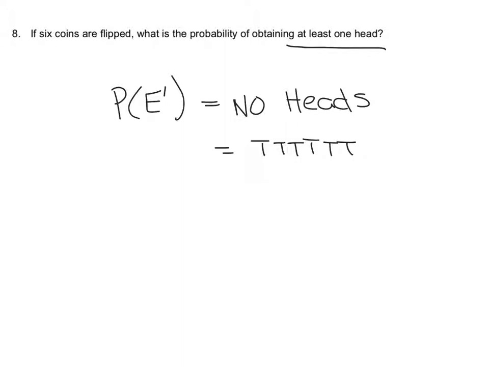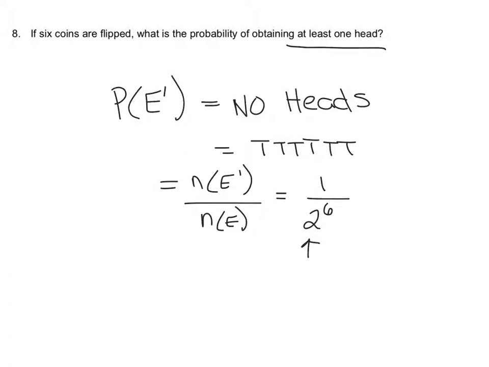So the probability of the complement is the number of times that the complement occurs over all possible outcomes. So the number of times that no heads occur is just 1 time. And then all possible outcomes, again, is represented by 2 to the 6th power. That's because we have 2 outcomes per flip.